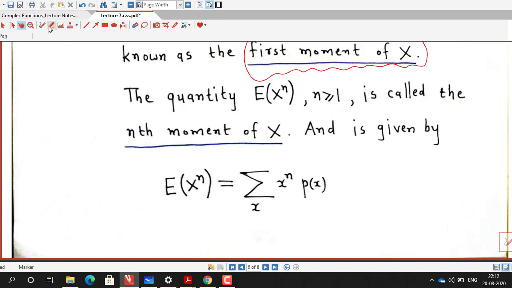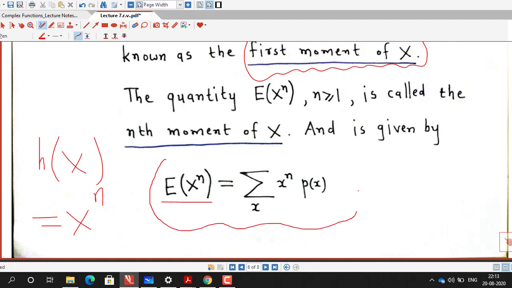Using that remark, instead of h of x, your function is h of X equal to capital X raised to n. So this is nothing but sigma small x raised to n into the corresponding values of the probability mass function.